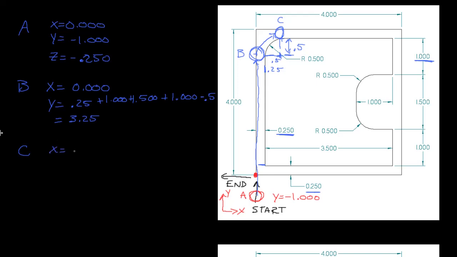X is equal to the 0.25 step over right here, and the radius. So x is equal to 0.75.